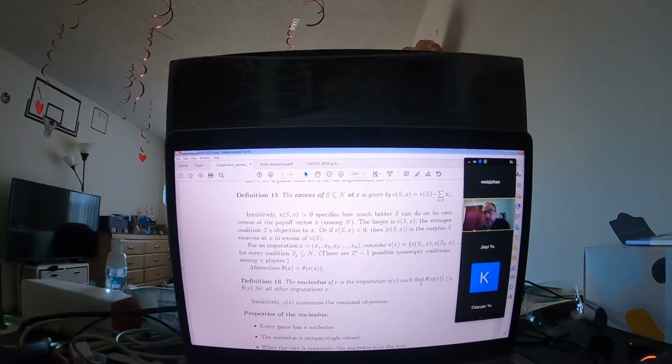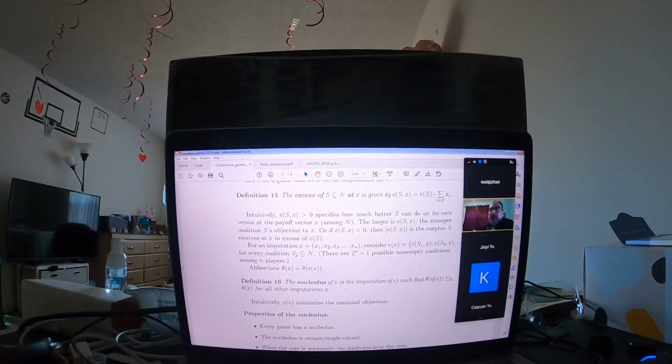You could think of it as follows. In spite of the fact that some of these might be negative, which is good for the coalition, in general let's think of these as the objections to the recommended solution X by all of the different coalitions. Sometimes the objection, quote unquote, might be negative.